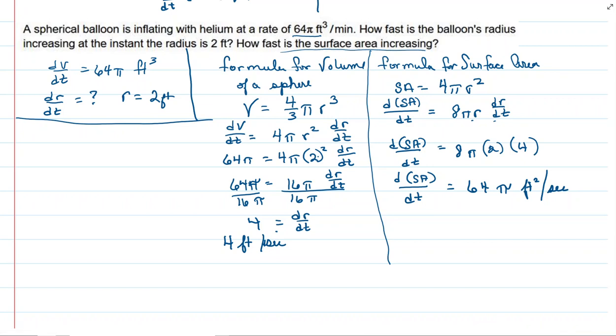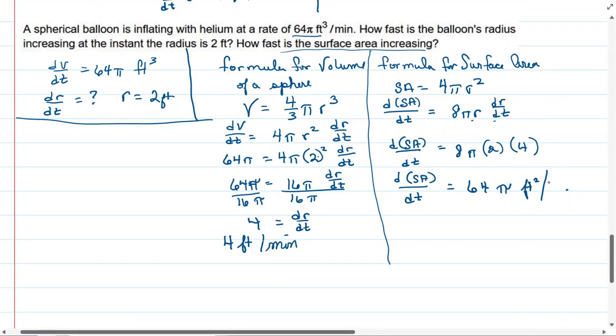The 4 is in feet because we're referring to the radius, not the volume.